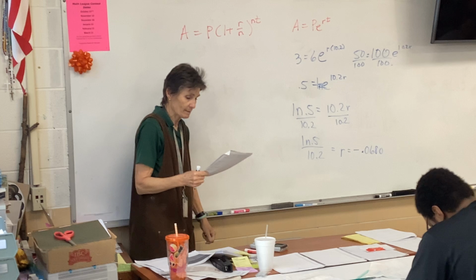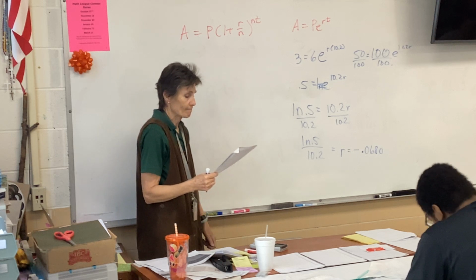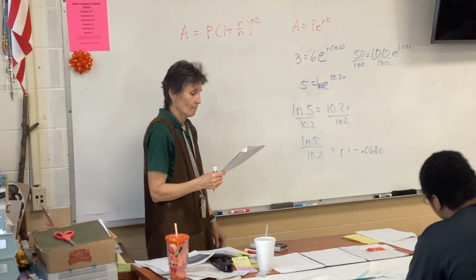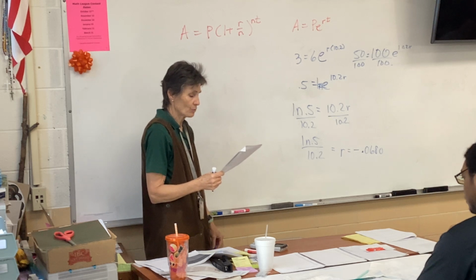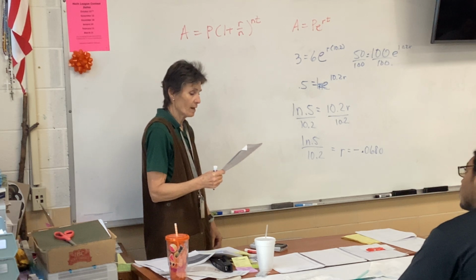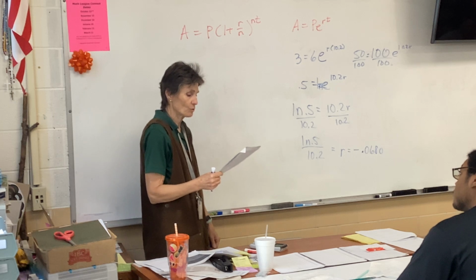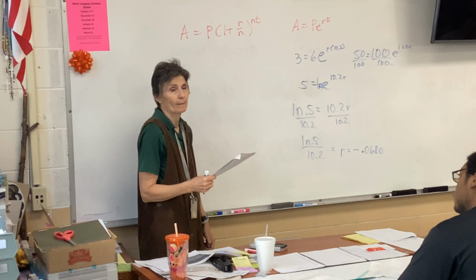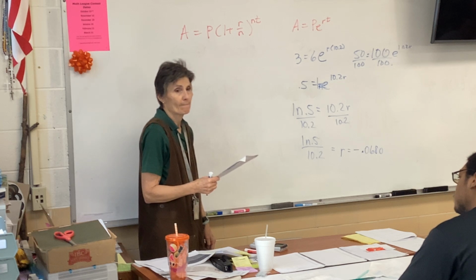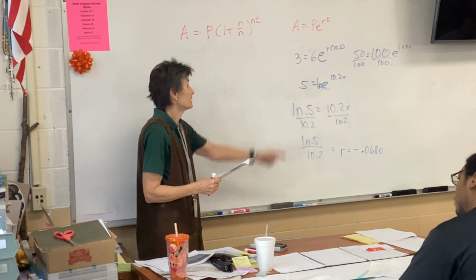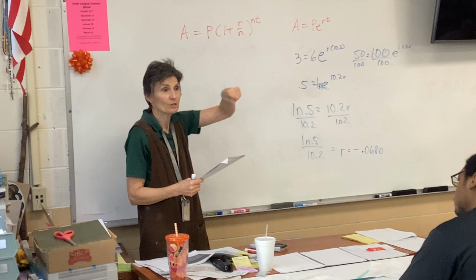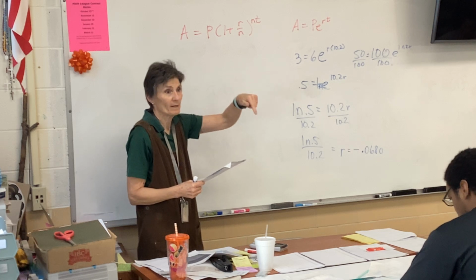All right, number 6. How long will it take for 193 trigites to grow into a colony of 391 trigites if their growth constant is 0.222? Which formula? Continuous growth, right? Step 1 of the challenge is get the right formula.